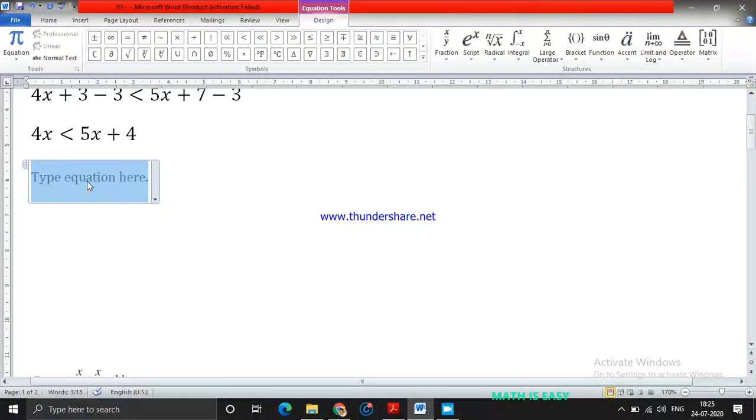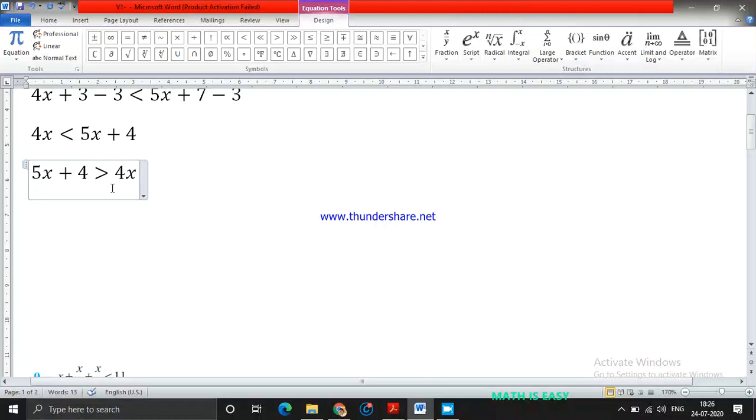If 4x is less than 5x plus 4, then you can say 5x plus 4 is greater than 4x. Can we do this? If a is smaller than b, then b has to be greater than a. When I reverse the terms, less than will become greater than.